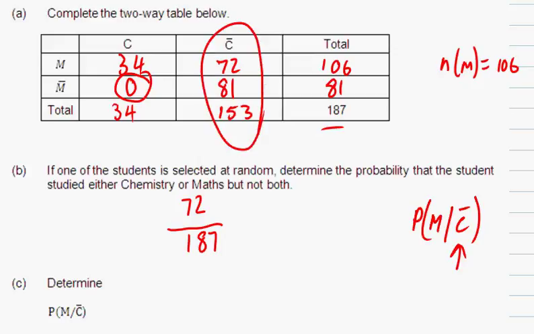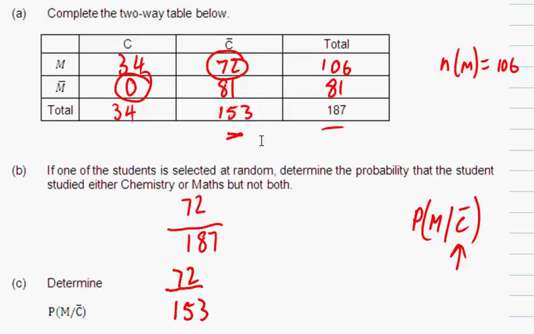So our not chemistries is a total of 153. So out of the total of 153 not chemistries, how many people did maths? Well, again, in that not chemistries group, because we've narrowed it down to that, because it's conditional probability, there is only 72 out of 153.